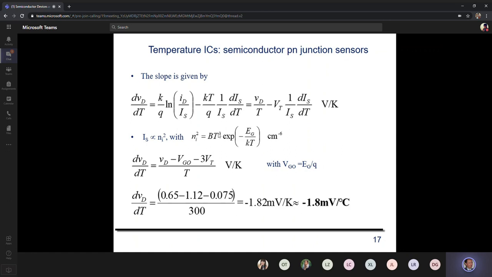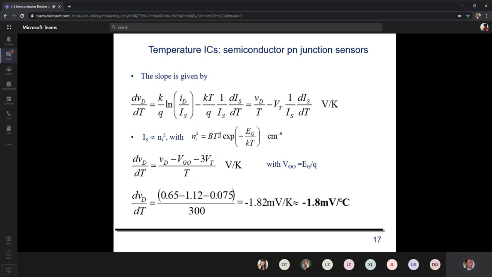You have that the value of the Vd voltage is about 0.65. It's the barrier potential, as you remember, for a standard p-n junction.